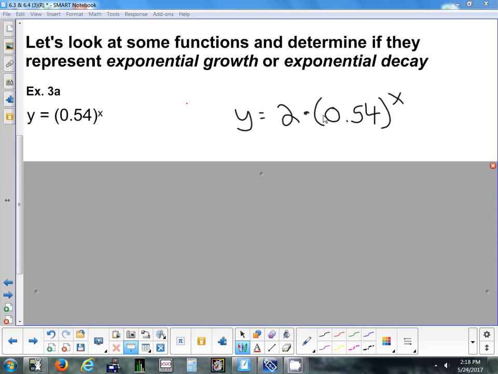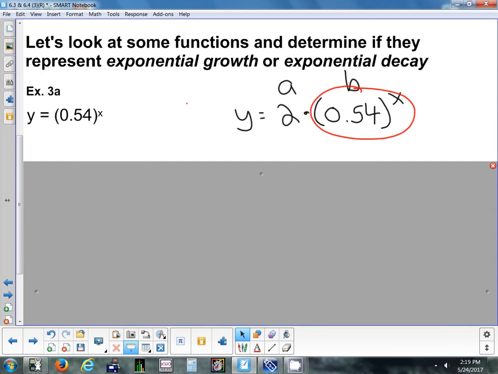What is 2? 2 is a, and then 0.54 is b. That's why I'm saying, look at the number that has the x as the exponent. That's what you're looking for to see whether it's growth or decay. Right, Ty? Okay. So don't get tricked here. You're always looking at the number that has a little x attached.